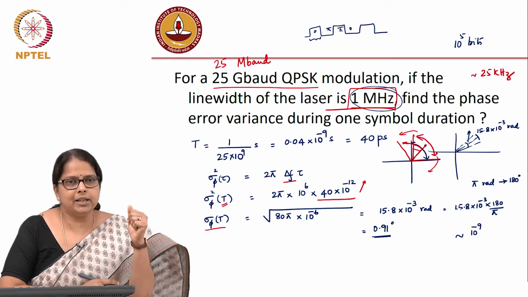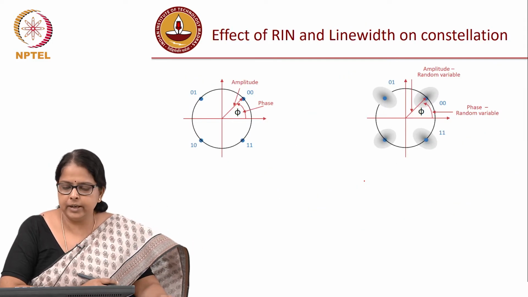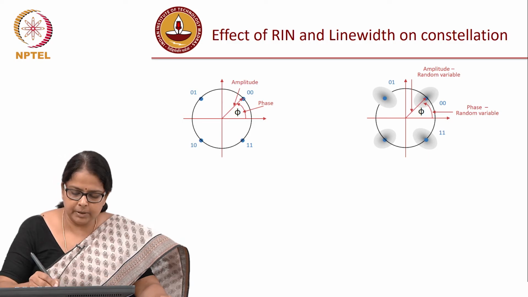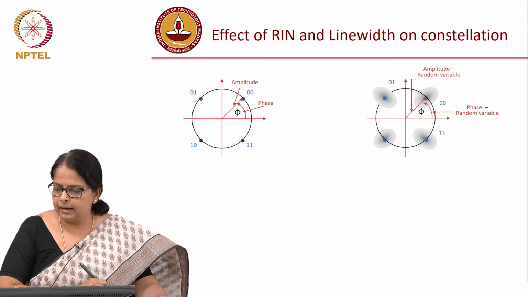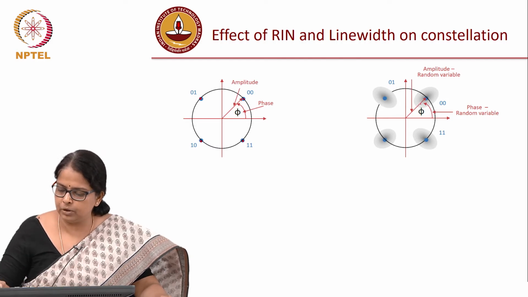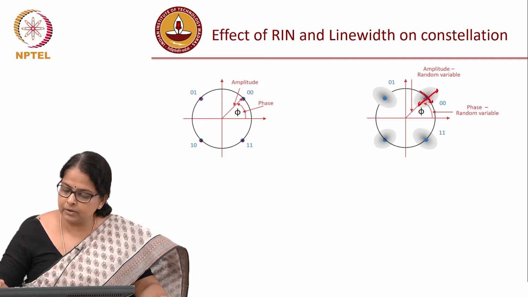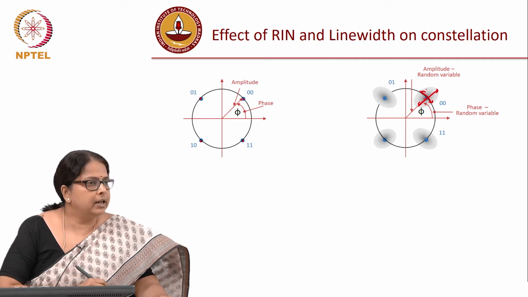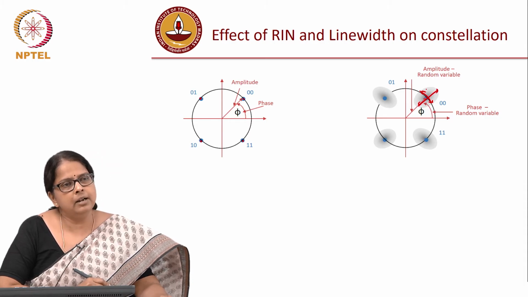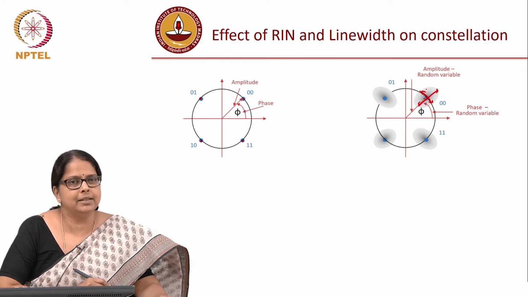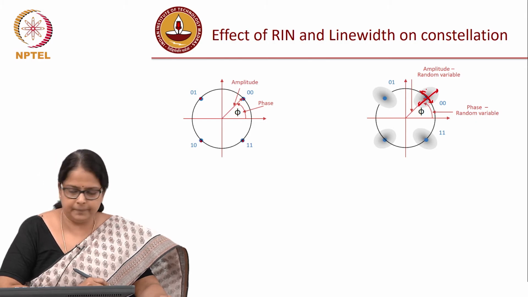Another thing you need to take care of is, what really happens in the coherent communication system. Now we are clubbing the effect of RIN and line width on the constellation. You transmitted supposed-to-be points, but what you receive is that the amplitude is a random variable which is quantified by RIN, and the phase is a random variable which is also quantified by the line width. And like we said, ideally it is an ellipse, because the RIN and the phase error variance need not always be equal.